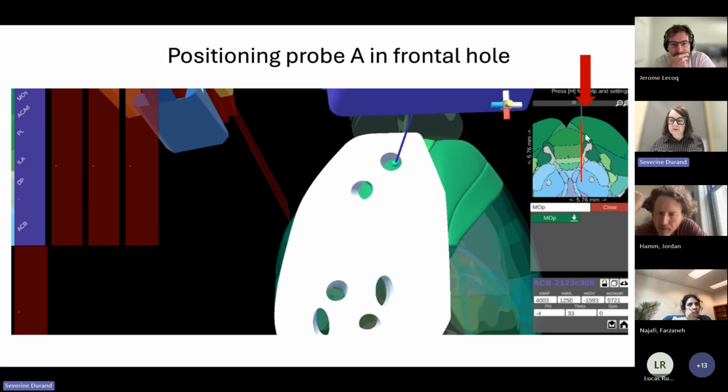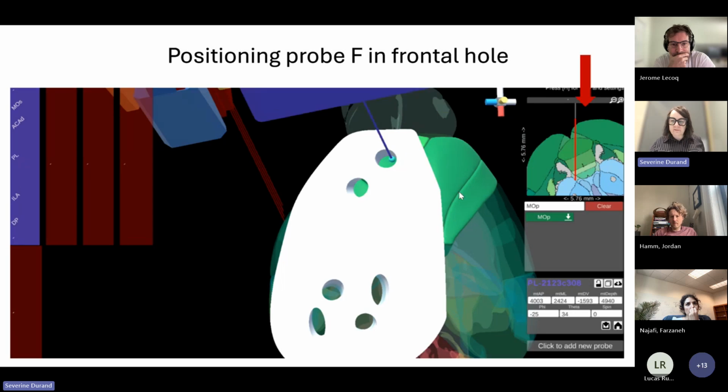As you can see, that's the crossing of these areas: MOS, ACA, PL, but it's very much at the border of these areas, which is not the case if you look at F, because it's more angled toward the medial brain.